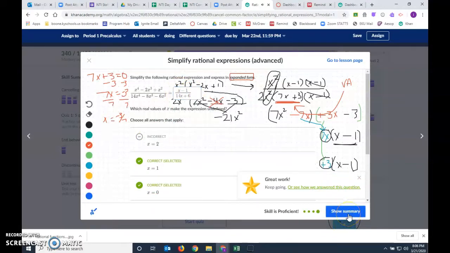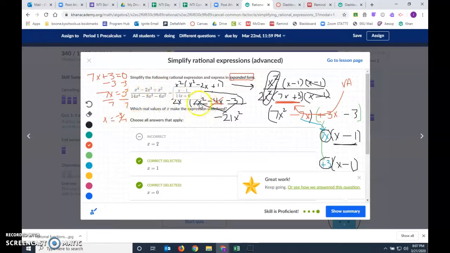Okay? So hopefully this video helps you. This section is just several different ways of showing that you can factor. It's all realistically the same skill. It just makes the skill a little bit harder here. They're less obvious. So just make sure you're paying attention to, hey, can I pull out a common factor?